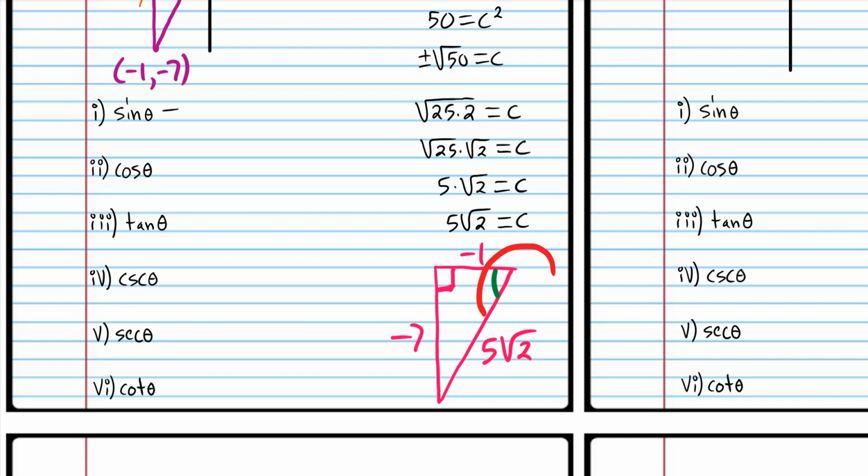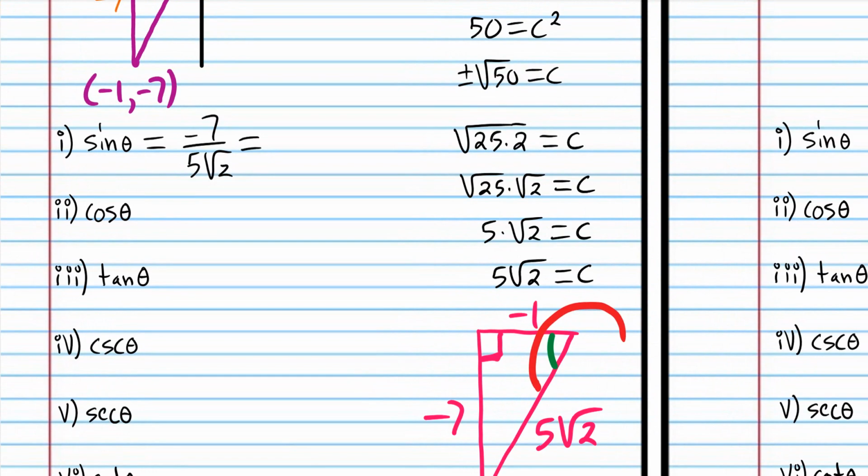So sine theta is equal to the side opposite the green reference angle divided by the hypotenuse. Multiply both sides by root 2, and we get negative 7 root 2 over 5 times 2. So when you multiply root 2 by root 2, you get 2. Then we're going to multiply those together, and we get negative 7 root 2 over 10.